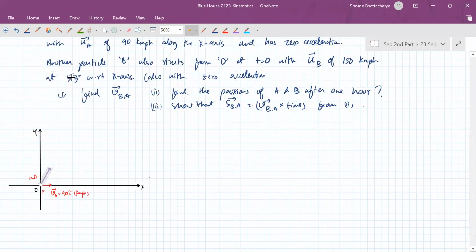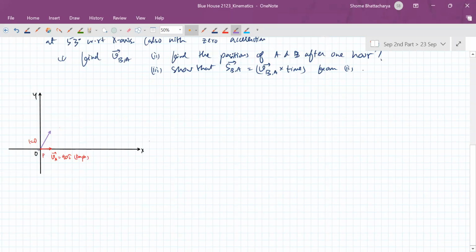An angle of 53. So this is 150 in magnitude, and this angle is 53. So this is B's velocity.